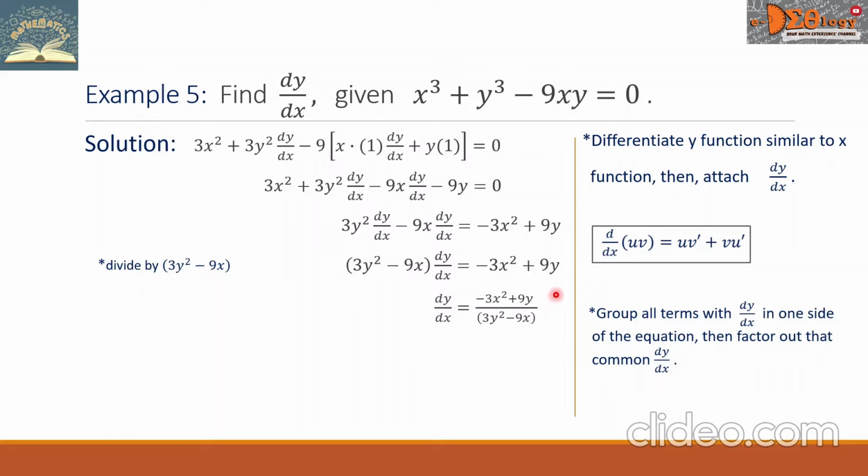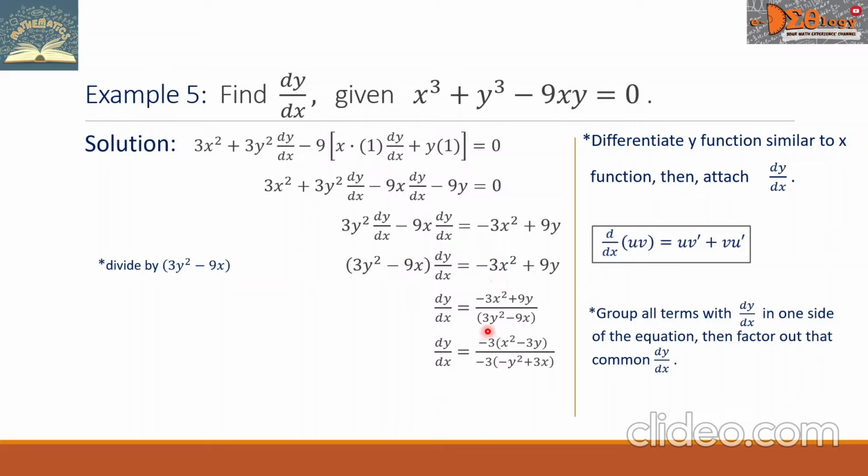Note that there is a common factor in the numerator, which is 3. Common factor also in the denominator, which is 3. We can factor it out. But we can consider that we want x squared to be positive on the numerator. So instead of factoring positive 3, we can factor out negative 3.